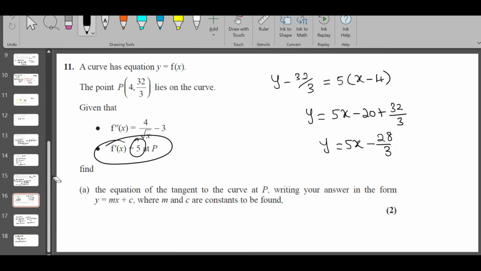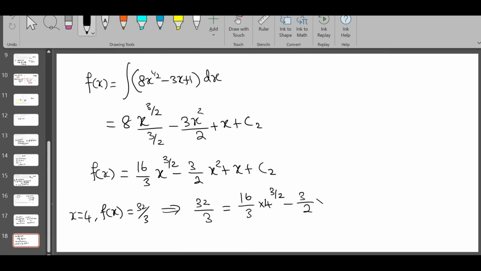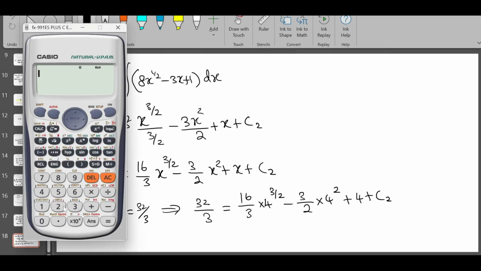We know the point lies on the curve, so we are going to use the point p of 4 comma 32 over 3. So x is 4, f of x is 32 over 3. So 32 over 3 is 16 over 3 times 4 power 3 over 2, minus 3 over 2 times 4 square, plus 4, plus c2. Let's calculate this carefully.